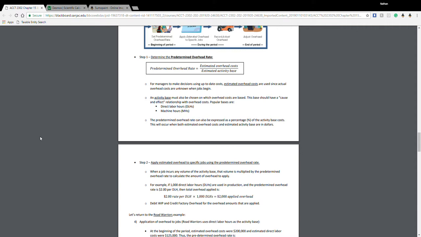Now, the difference between applied and actual, when we get into actual in a little bit: applied is only in reference to an estimate. We are estimating this. Actual is the actual amount, but applied is estimate. So if you want to put applied overhead or estimated overhead, more power to you, but the book, and mostly when we reference this, is going to be applied.